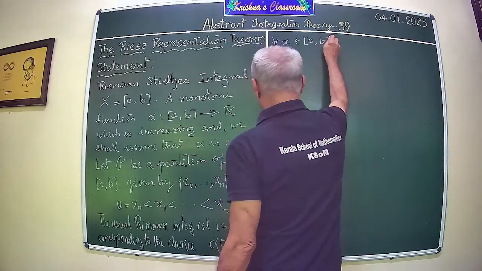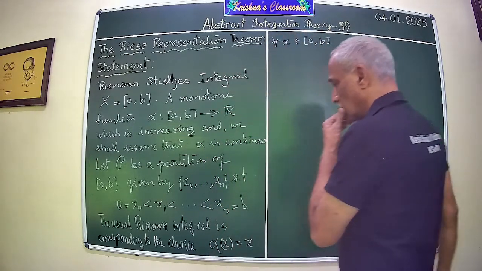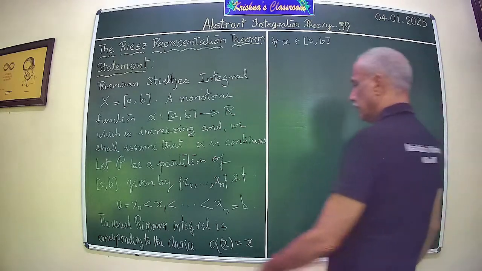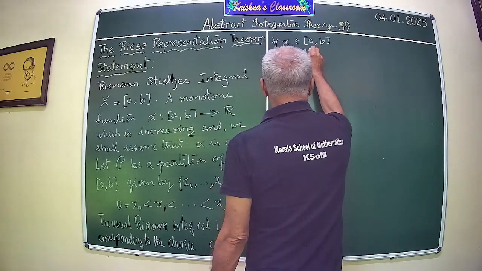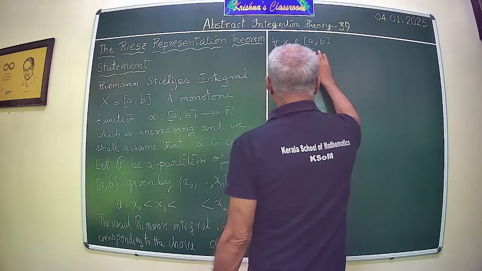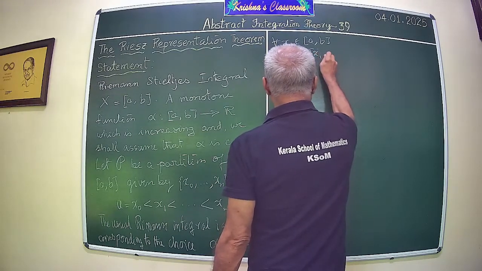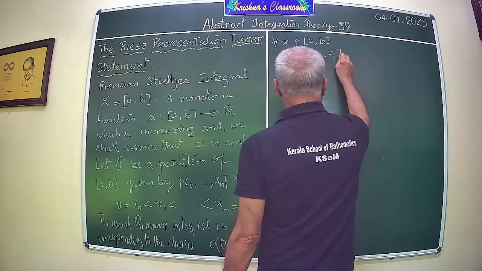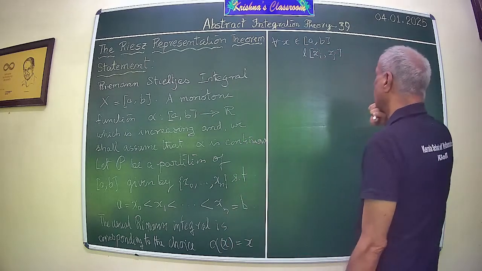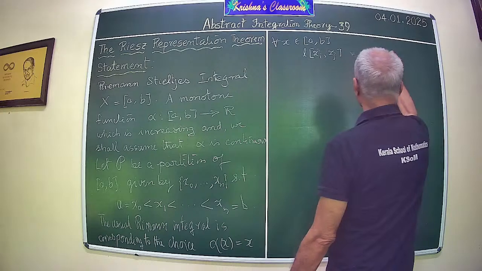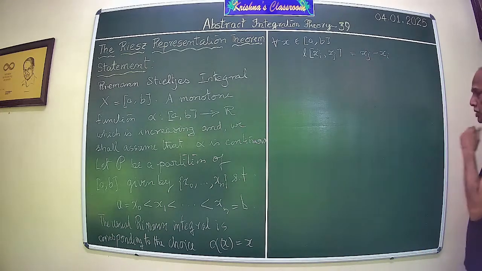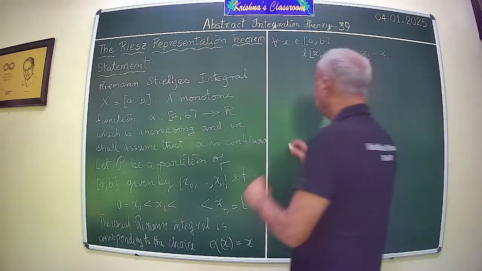It's a monotonically increasing function, and in that case we had the length of the interval xj equal to xj minus x(j-1). That's the usual case.